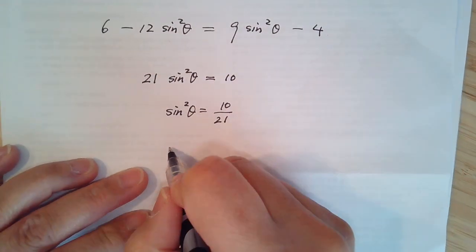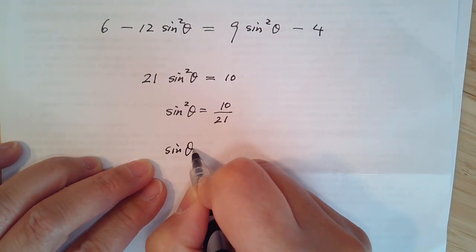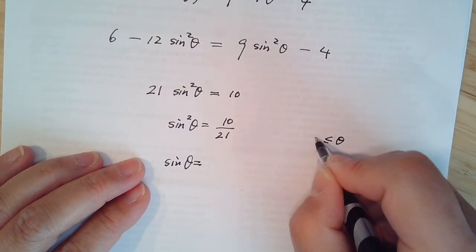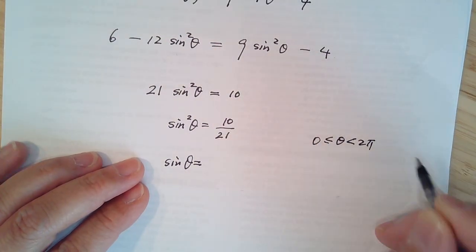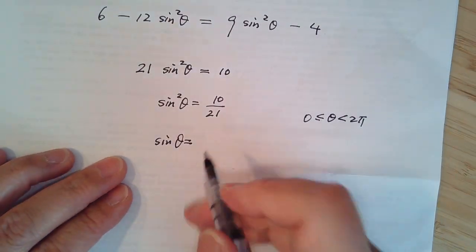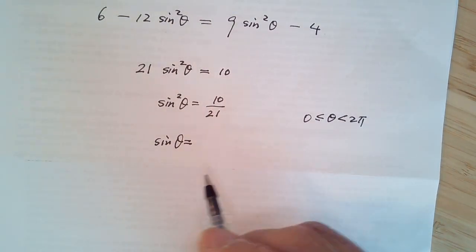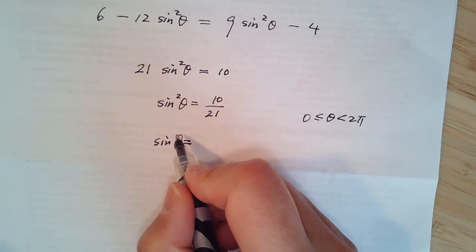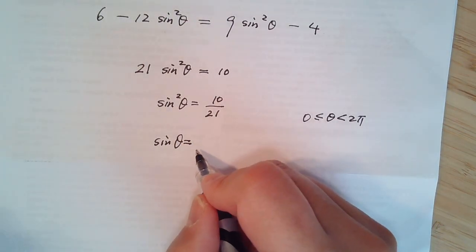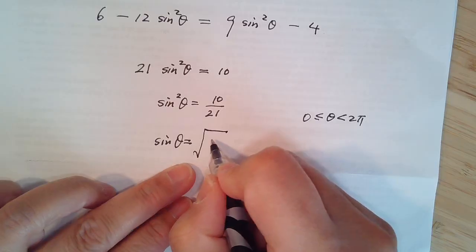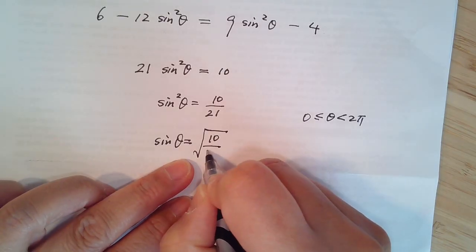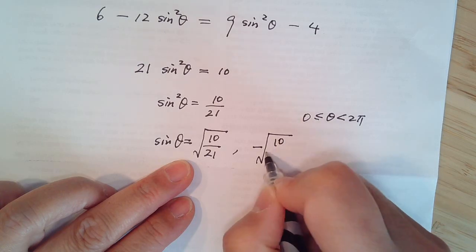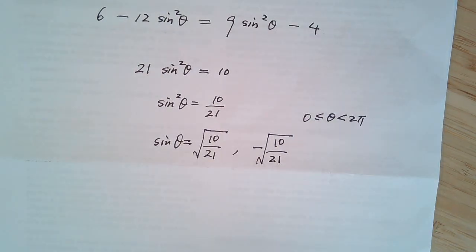Okay, so sin θ will be the square root of 10/21, or minus the square root of 10/21.